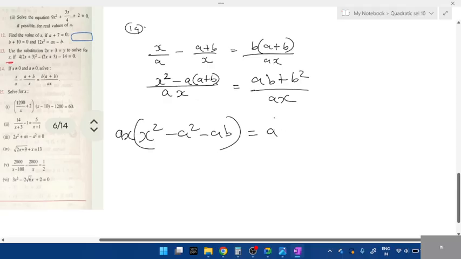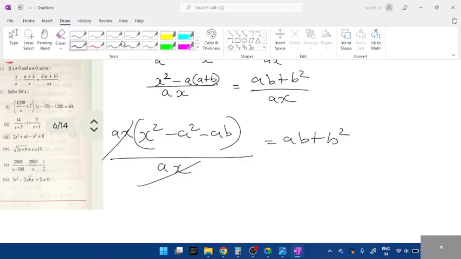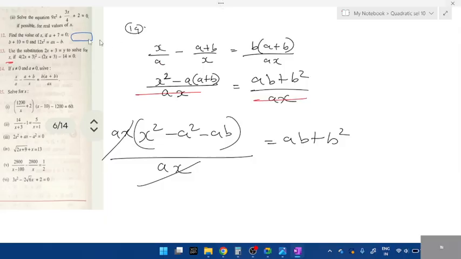Can you see denominator AX and AX are same? So if I take AX here and there is AX already given, which one gets cancelled? So remember this rule. Whenever denominators are same, students, after taking LCM, just cancel it directly. You don't have to write it in another step. Just cancel it out.